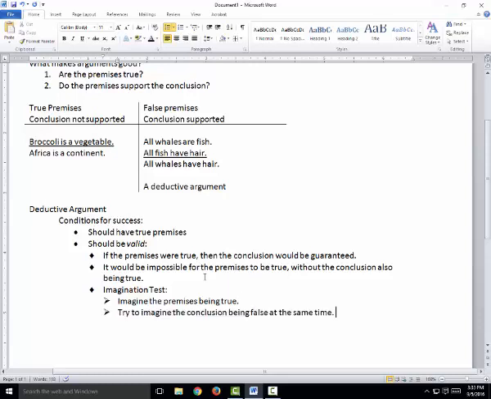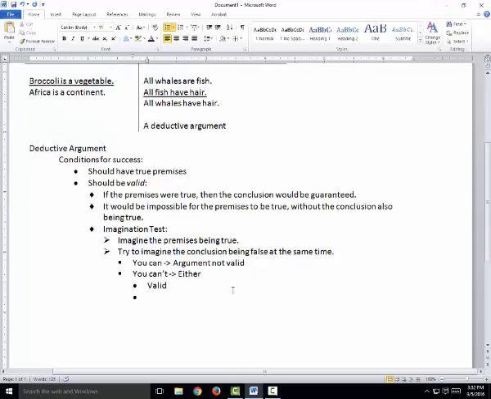And so if you can imagine the conclusion being false while the premises are true, then the argument is not valid. While if you can't imagine the conclusion being false, well, then we have one of two possibilities. Either the argument is valid, or on the other hand, it's possible that maybe you're just not imagining hard enough, or there's something wrong with your imagination or something.